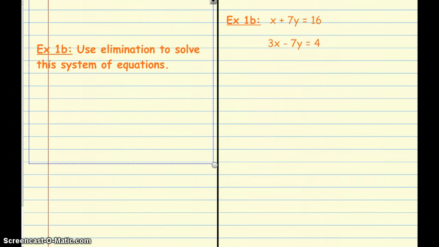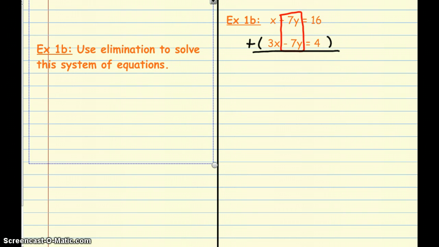Let's take a look at a second example. We have x plus 7y equals 16, and we have 3x minus 7y equals 4. Again, always look for either the same term or opposites. And in here we see that we have 7y and negative 7y. Those are opposites. And because they're opposites, we are going to choose to add our two equations together.